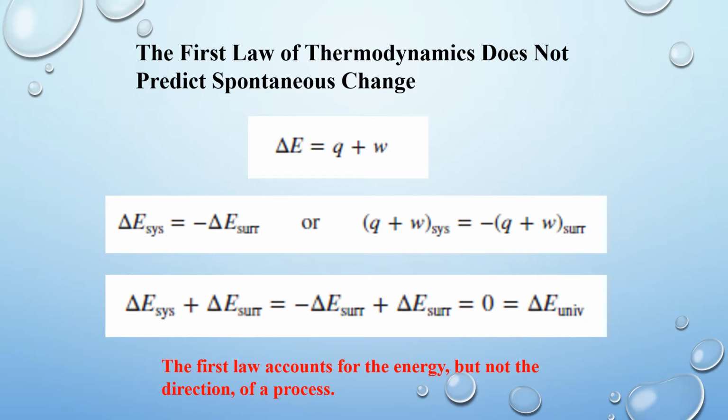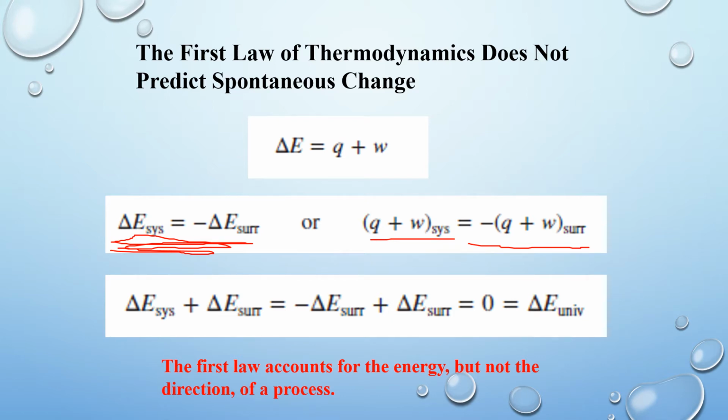So we have delta E of the system equal to negative delta E of the surrounding. And if you separate this delta E into Q and W, the sum of the heat and work of the system will equal the negative sum of the heat and work of the surrounding.